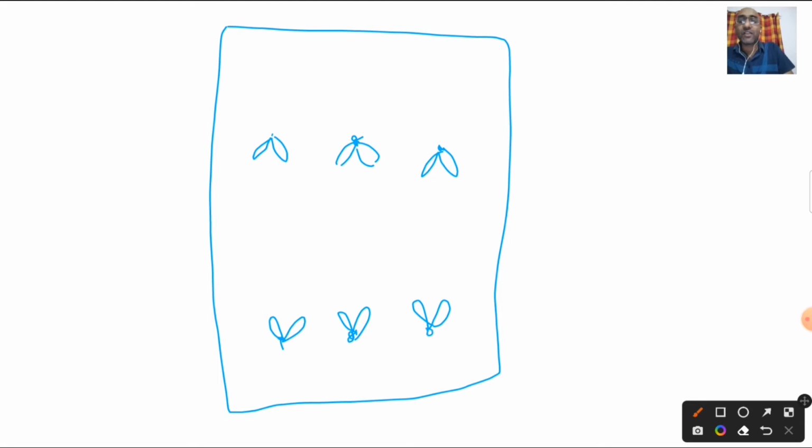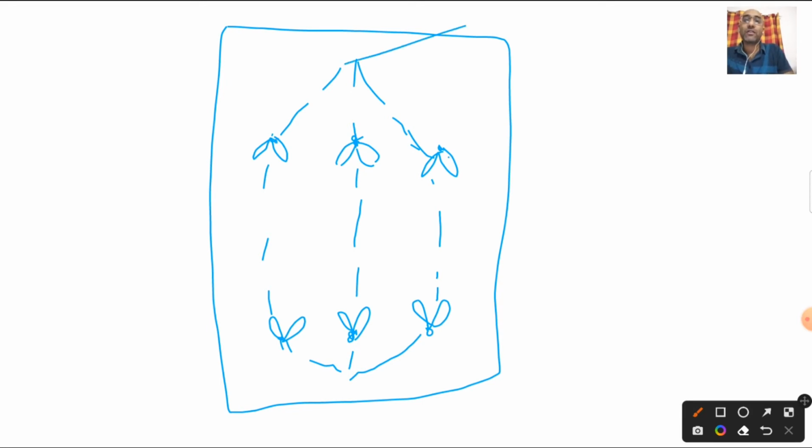Now as far as centromeres are concerned, these are directed towards opposite poles. As you can see here, this is the centromere, this one is the pole. So the centromere is directed towards the pole, whereas the 2 arms are directed towards the equator. Got it? So this is how the anaphasic movement occurs.